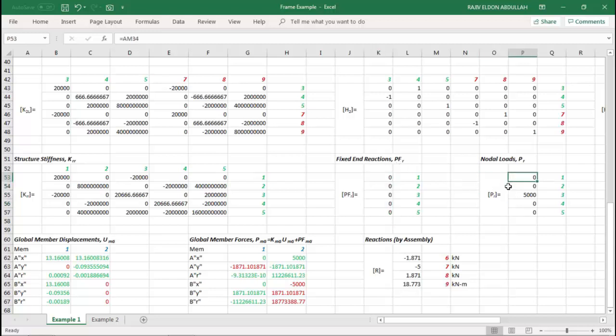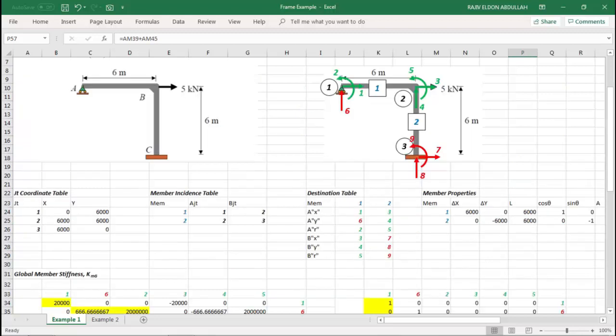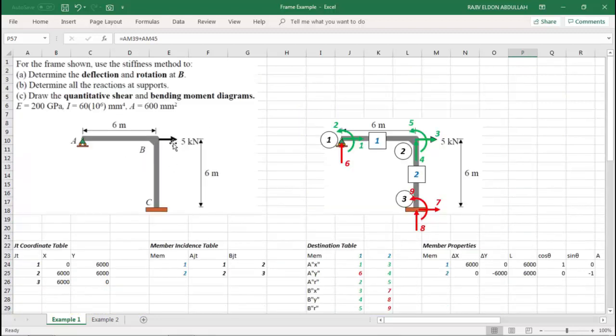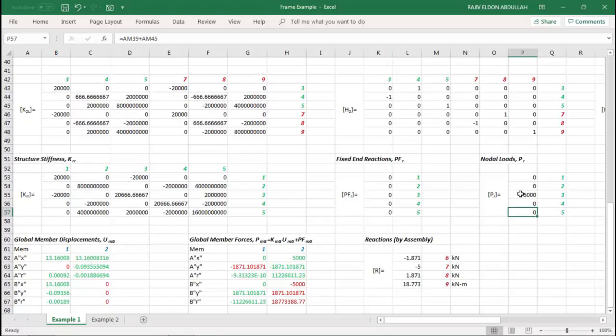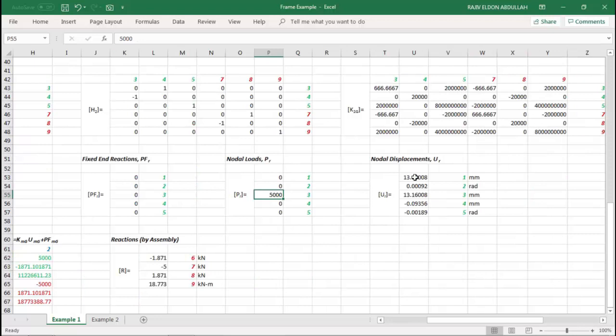Now for the nodal loads, you get these values from the analytical model. In this case, this one. You have 5 kilonewtons or 5,000 newtons along freedom 3. So that's along freedom 3, you put it there. That's positive because it's the same direction with the freedom.